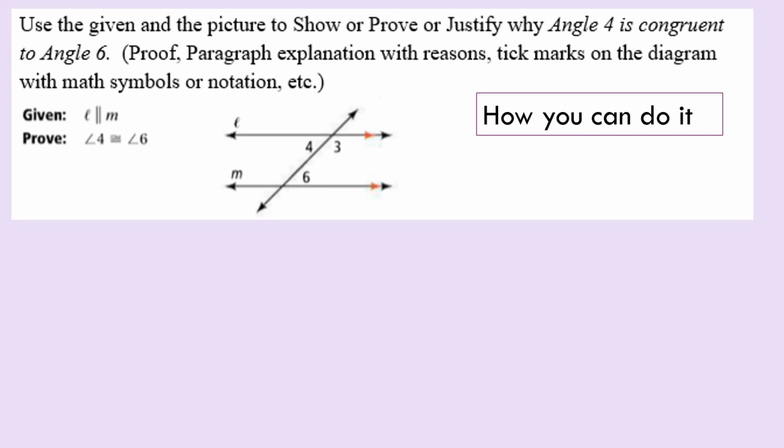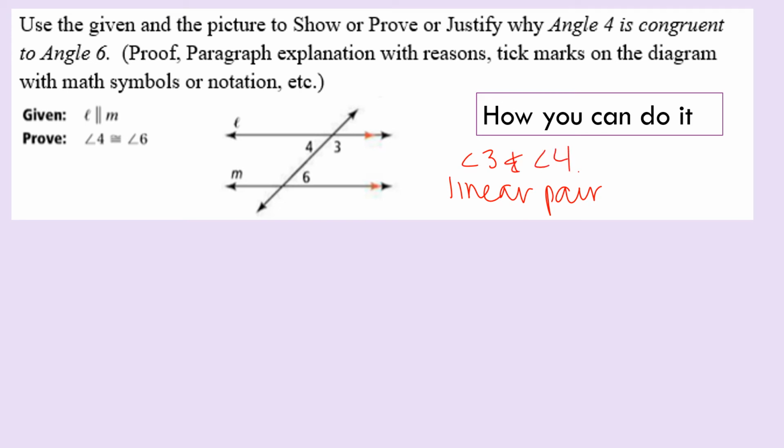Another way that you can do it, instead of doing the 2-column proof, is just to show some work. So what I did for this one, and again, there is no correct way to do this. You can do it your own way, just as long as you have some proof to show. So what I wrote down is linear pair, or angle 3 and angle 4 are linear pair.